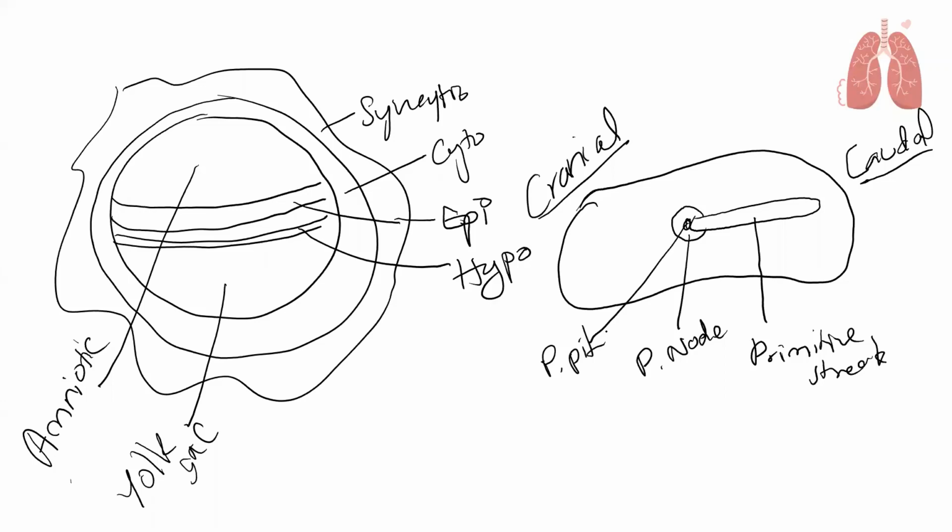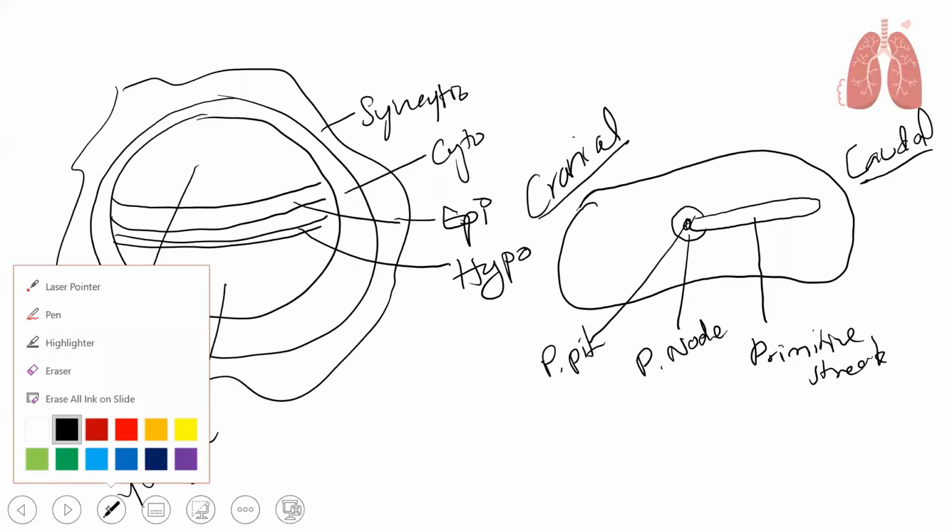If you go back to the transverse section, you have the epiblast cell layer and the hypoblast cell layer. From the primitive pit, the epiblast cells move inwards.